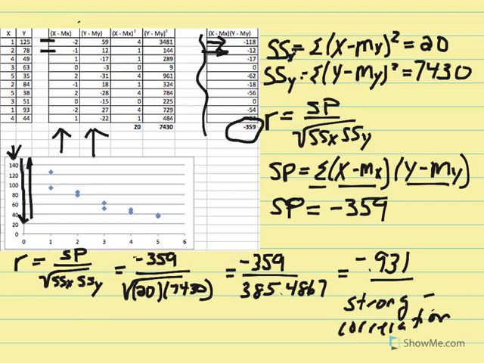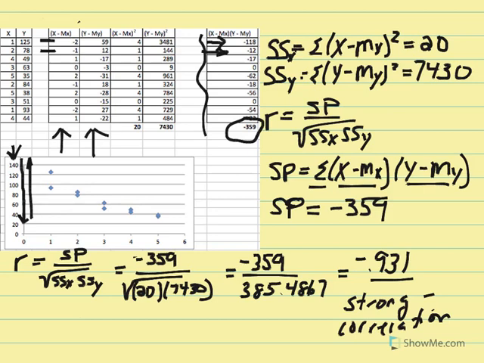We'll use a t-test to determine if this R statistic is truly a strong negative correlation. Just assessing its face value, that's what we would consider to be a very strong negative correlation because it's so close to -1.